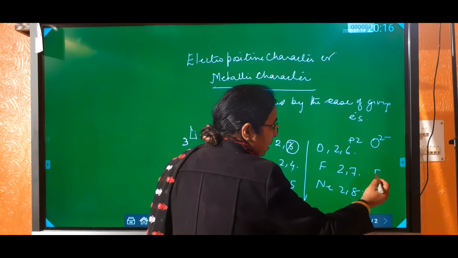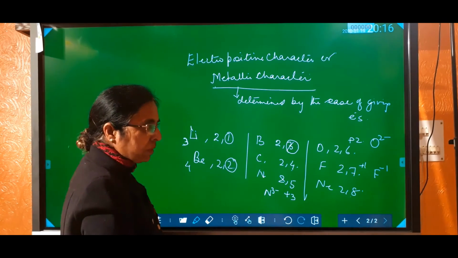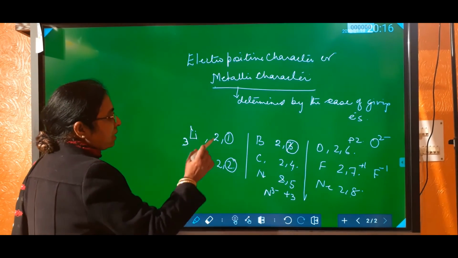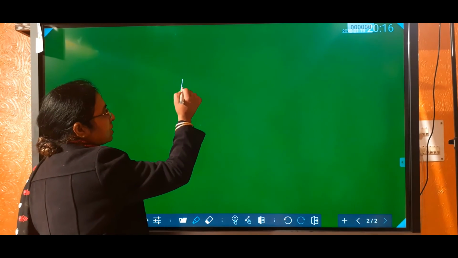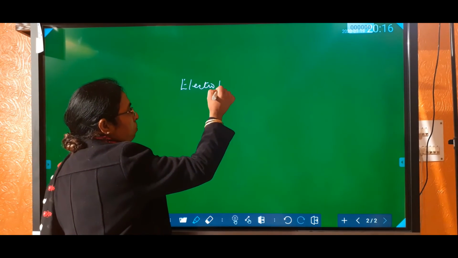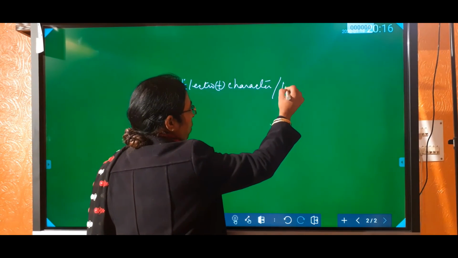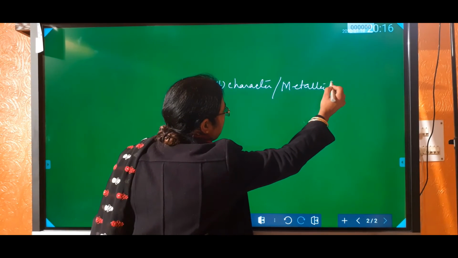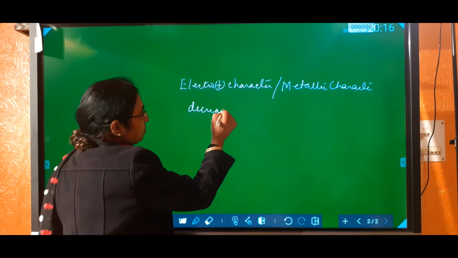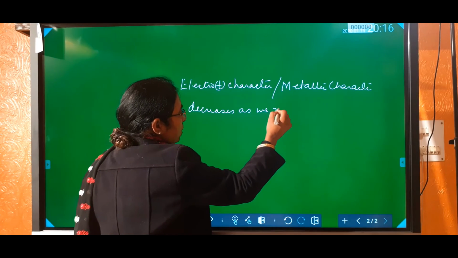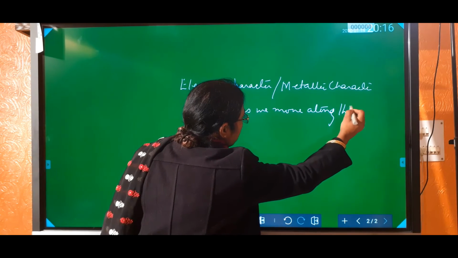Fluorine will gain 1 electron and become F minus, and for neon the octet is already completed. So we can write that the electropositive character, or the metallic character, decreases as we move along the period.